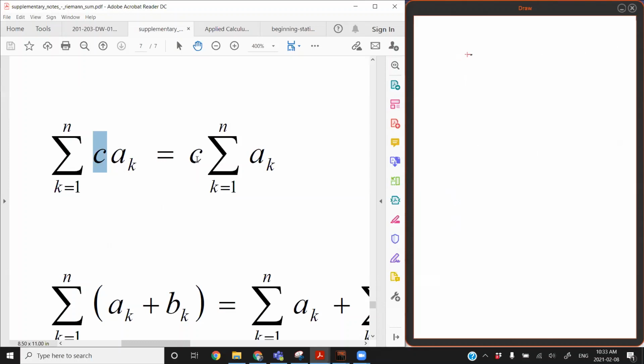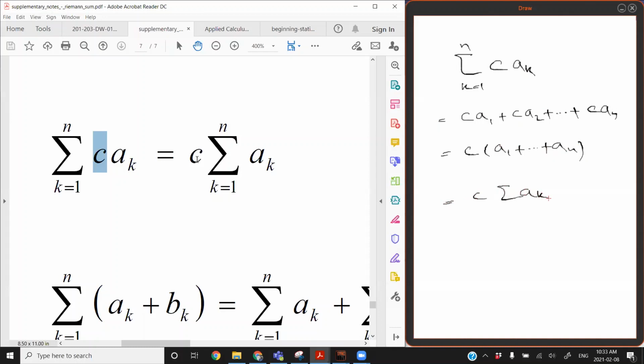So for example, if you have sigma k from 1 to n of c a_k, this is like having c a_1 plus c a_2 all the way to c a_n. Of course you can factor out the c, and you're going to get c times sigma a_k, k from 1 to n, because this is actually the sigma.